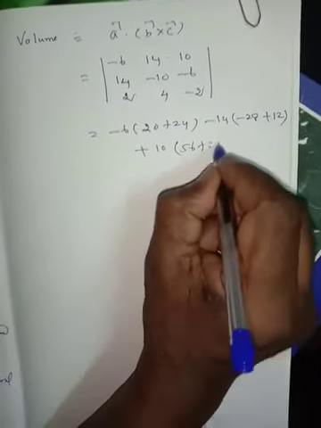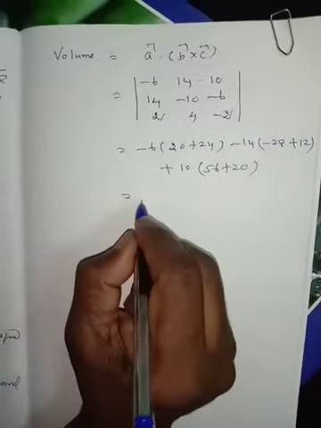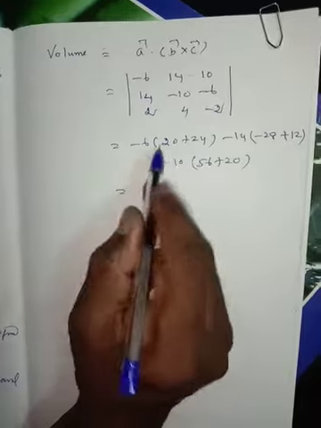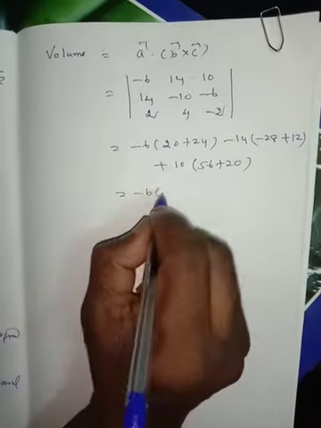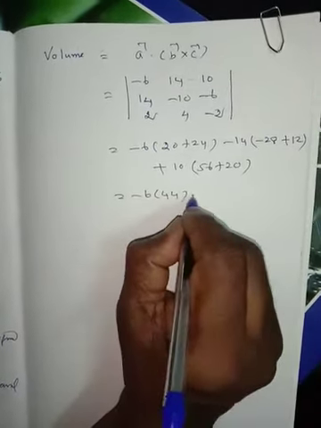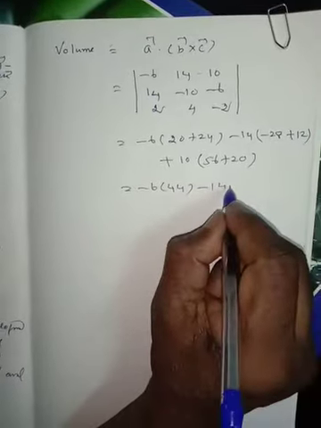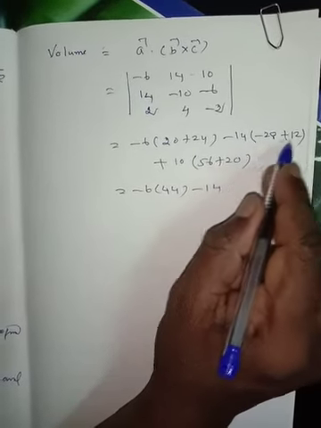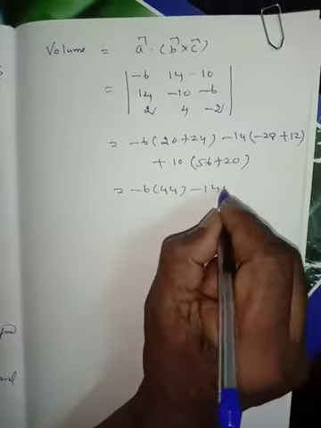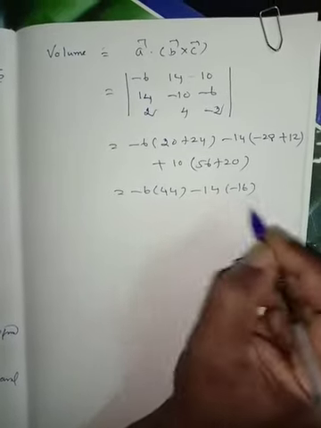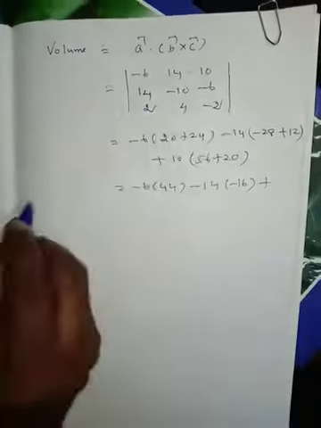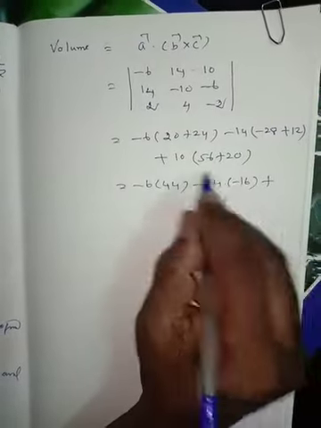That is equal to -6 into 44, minus 14 into -16, plus 10 into 76.